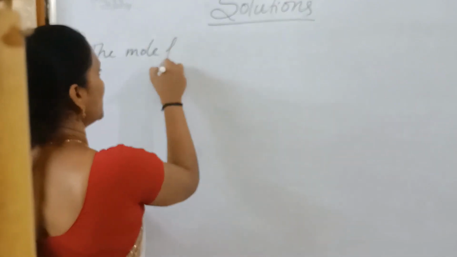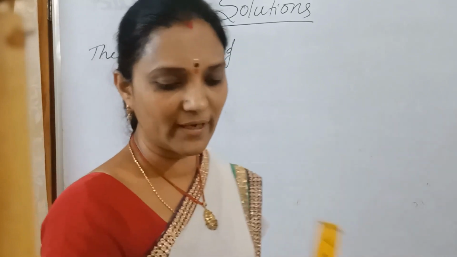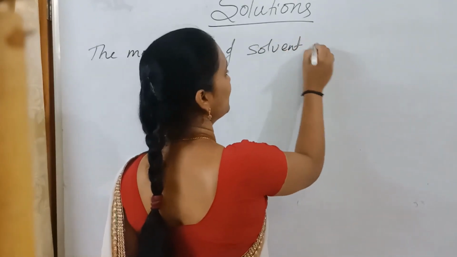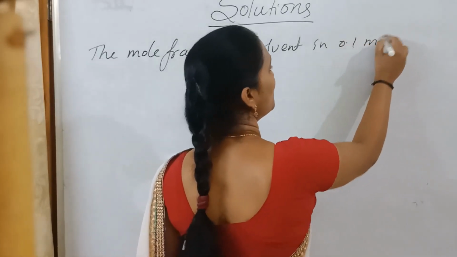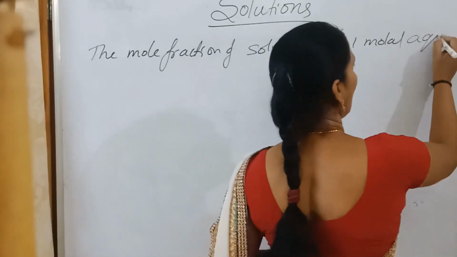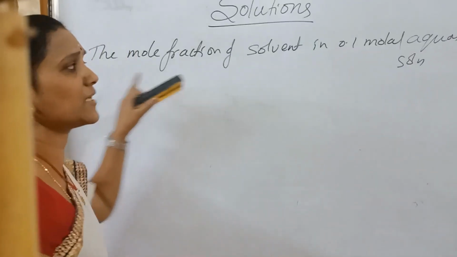The mole fraction of solvent in 0.1 molal aqueous solution. Now the problem is related to mole fraction and molality. This is a problem based on the relation between mole fraction and molality. First one was neutralization; now the third one, the mole fraction. See here, aqueous solution is mentioned. They are asking mole fraction, molality given.